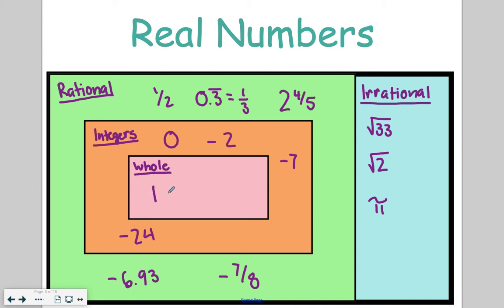This is where all the positive numbers live. So all of these numbers that are positive are whole numbers, integers, and rational numbers because they live inside the pink box, which is inside the orange box, which is inside the green box. So if it's further in, it has more qualifications. If it lives more on the outer edges, then it only has one specific category.